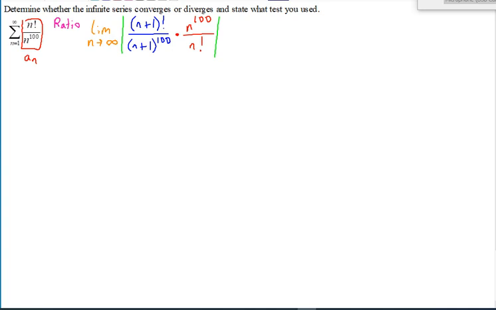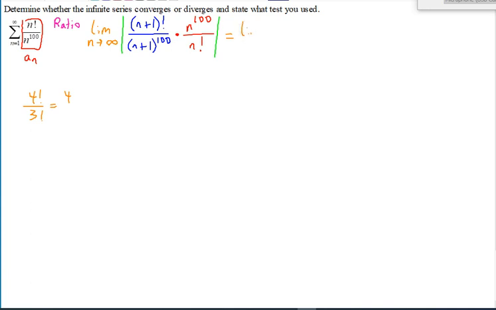And then you can simplify the n plus 1 factorial and n factorial. That's like having 3 factorial, 4 factorial, so you're just left with 4, which in this case is n plus 1 on the numerator this time.